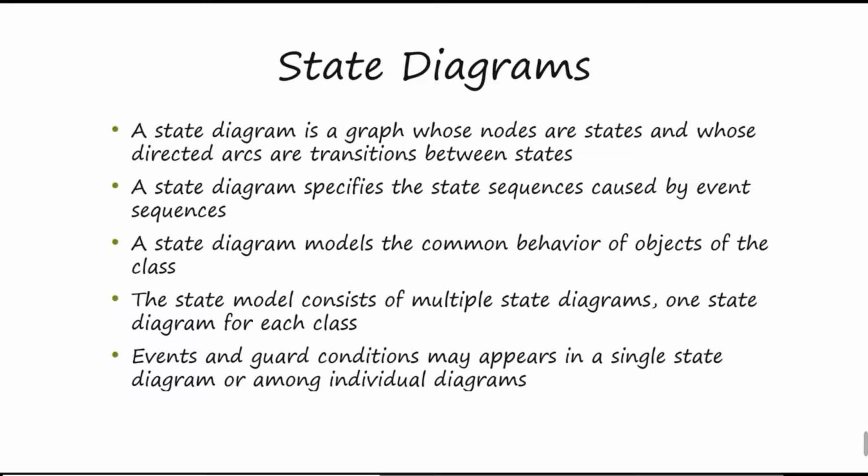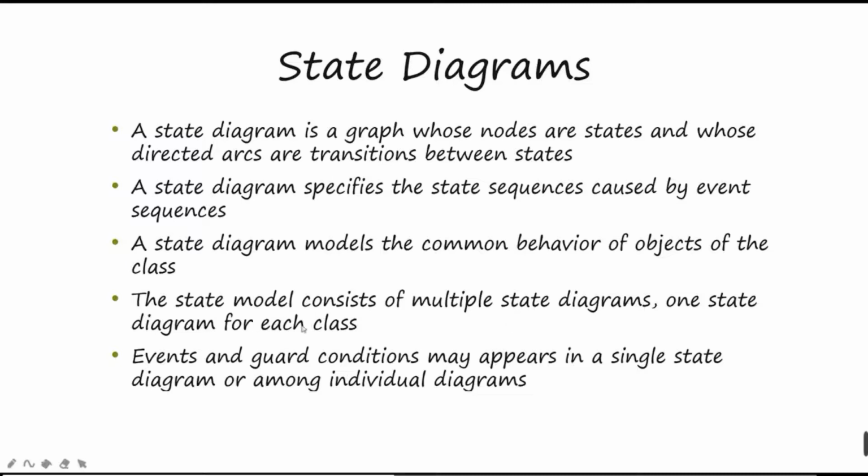A state diagram is a graph whose nodes are states and whose directed arcs are transitions between states. A state diagram specifies the state sequence caused by event sequence, and models the common behavior of objects of a class. It means we model the common behavior for the same class.